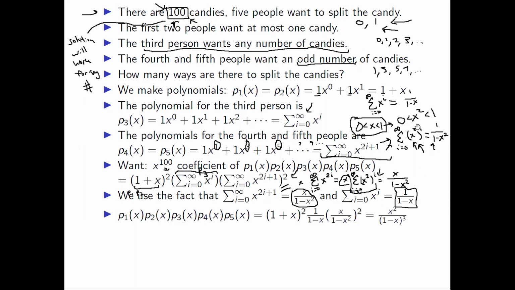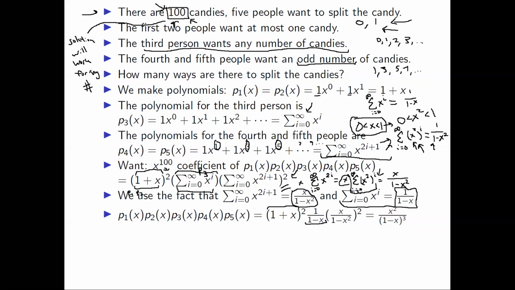So we can take that product of the 5 polynomials and we can do some substitution. So let's look at what happened. This first term with the 1 plus x quantity squared, that stayed the same. Nothing interesting happened to that. The second term, this summation, i equals 0 to infinity of x to the i, we substituted from right here in this last bullet, we substituted a 1 over 1 minus x for that, and that's why we got this 1 over 1 minus x.